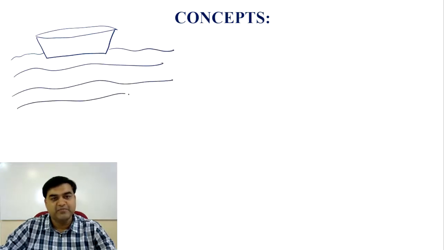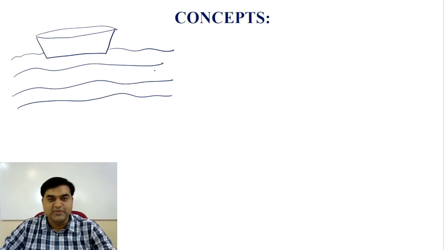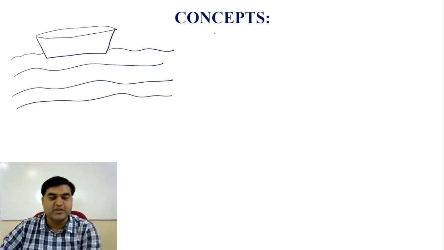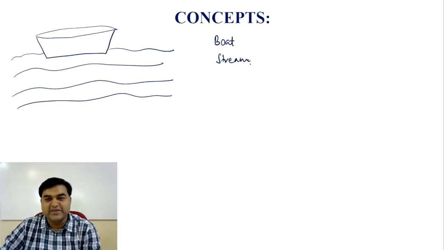Consider this to be a river, having some stream. A few concepts we should know are: what is a boat, what is a stream, and how many types of streams are there.